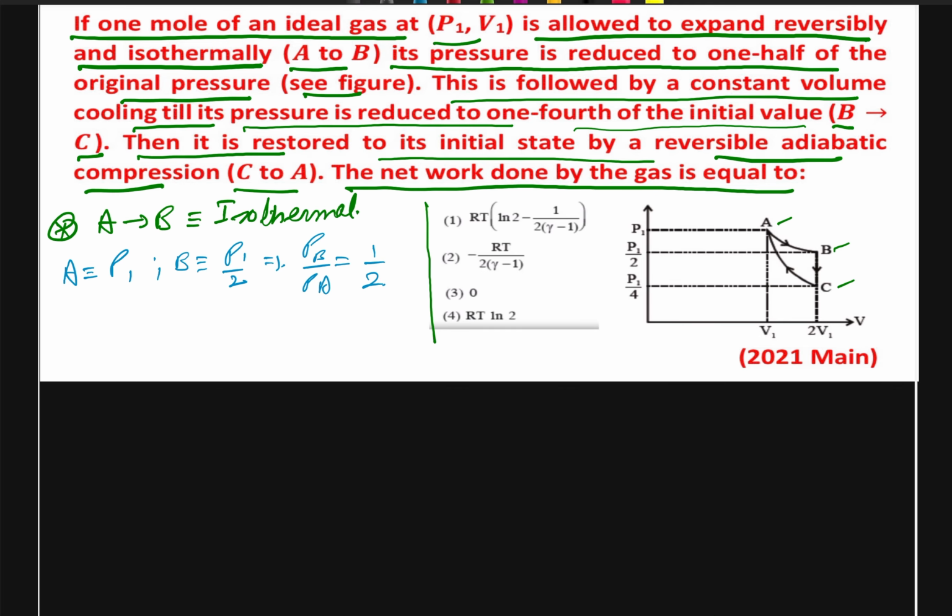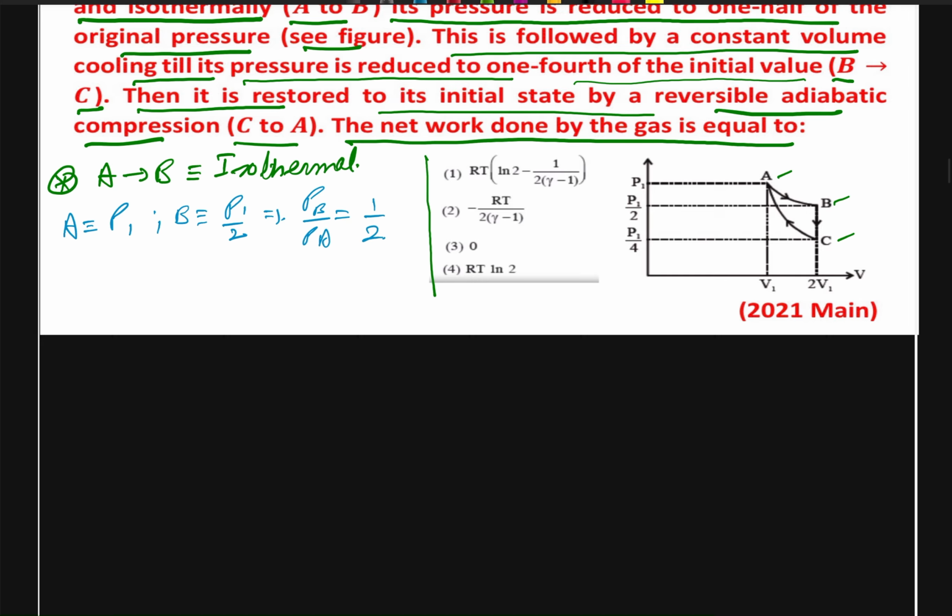And as it is an isothermal process, we can simply write PA VA is equal to PB VB. From here we can say that VB is equal to PA VA upon PB.